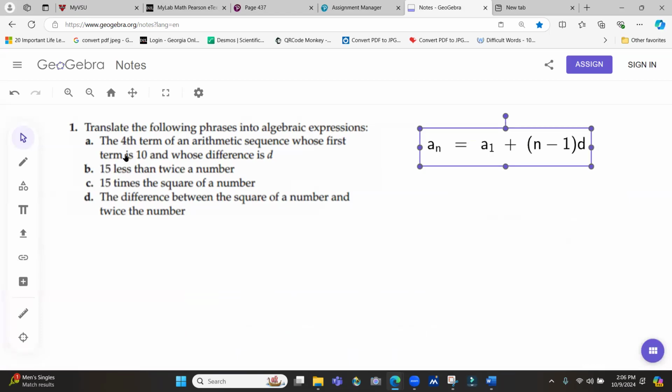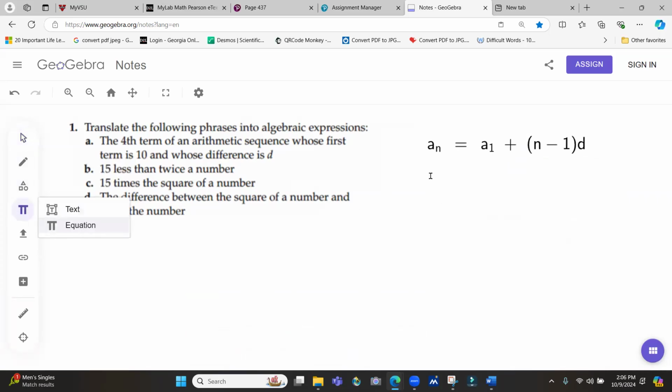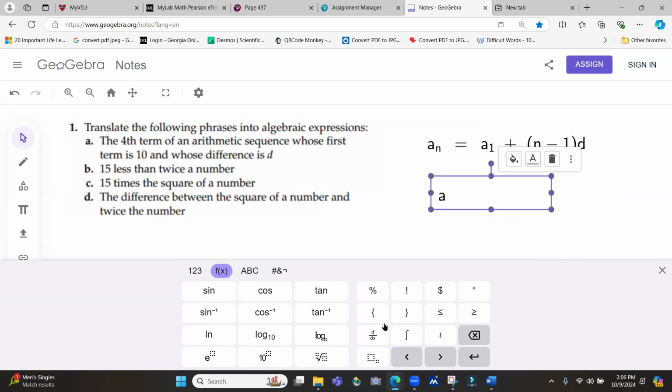So I'm working on part A. The fourth term, they want you to write the expression for the fourth term. So let's start with the fourth term. So A subscript 4 is the first term. And I'm not going to write the first term. They're saying it's 10. So I'm going to write 10.